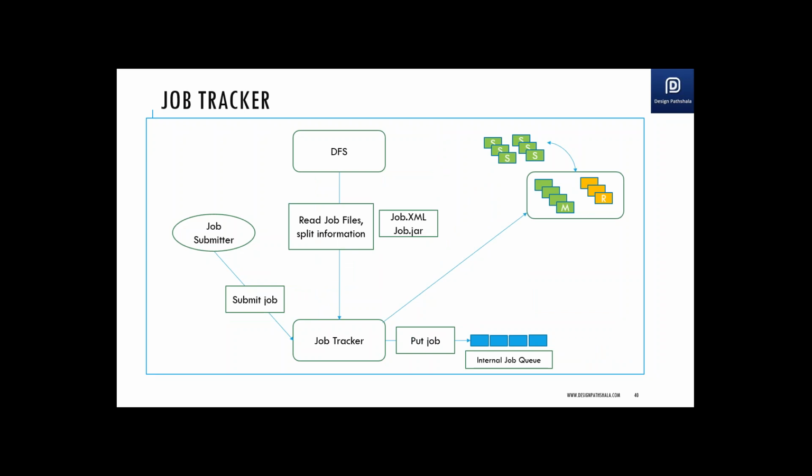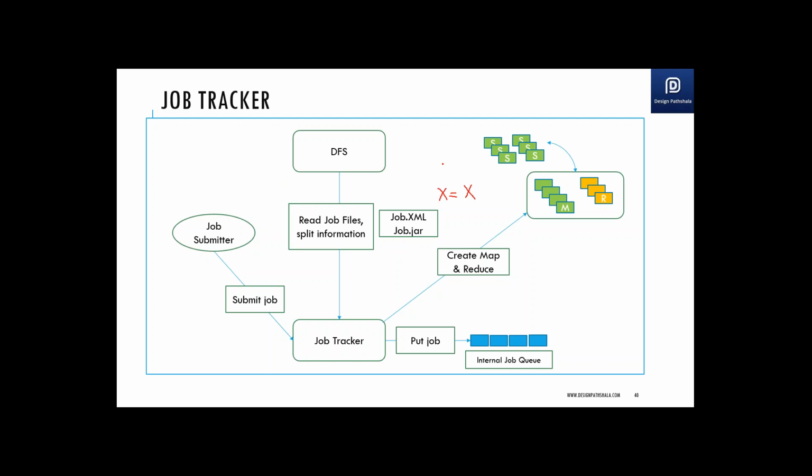And the job tracker reads the information about the split, that is the number of blocks associated to the file which you have calculated, and based on that, mappers and reducers are created. So there will always be x number of mappers if there are x number of splits, that is always equal.